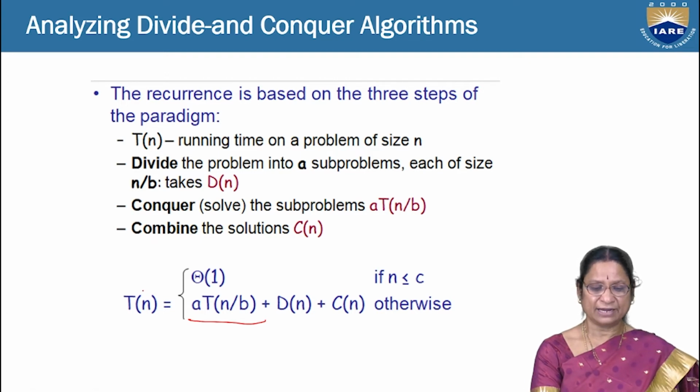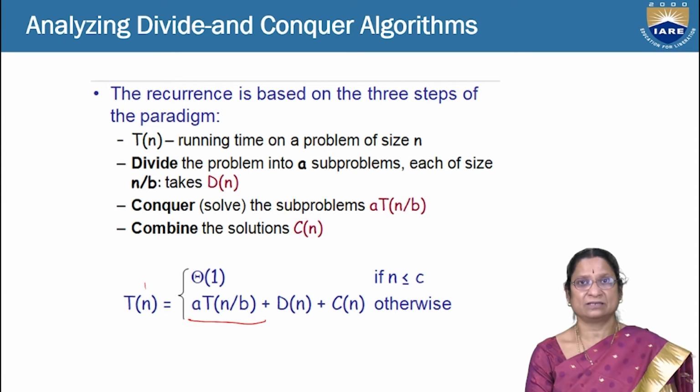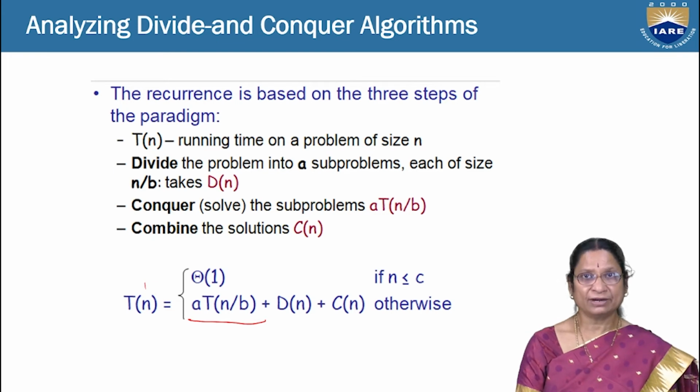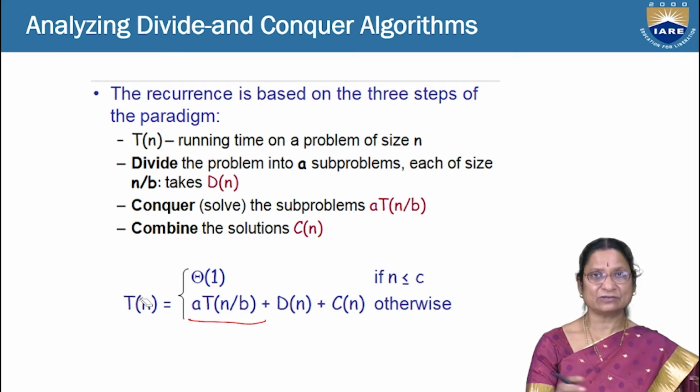If n is equal to 1, the time complexity is 1 itself, because merge sort divides the sublist until each has size 1. Each of size 1 takes only constant time, because a single element is already in sorted order.